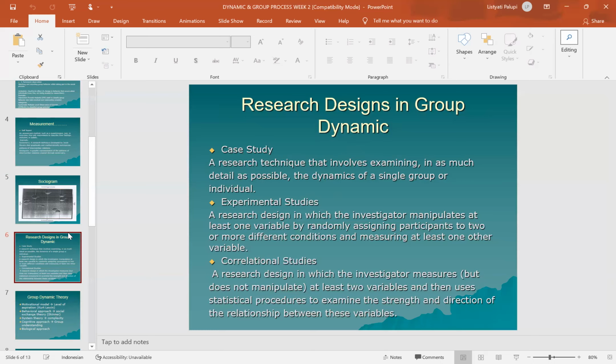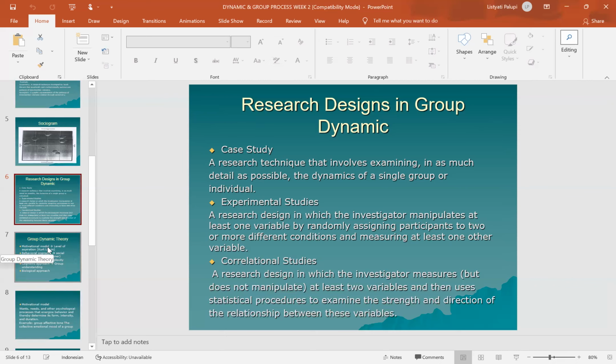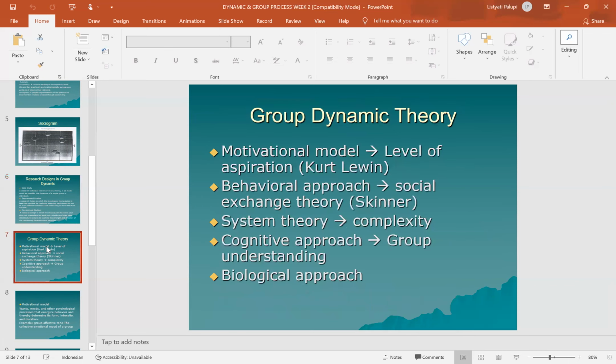So from the investigations applied by scholars in the group dynamics process, the outcome of the process is then a theory.